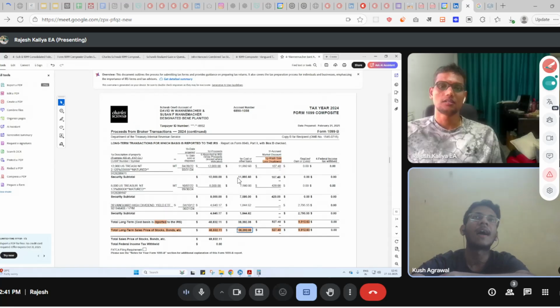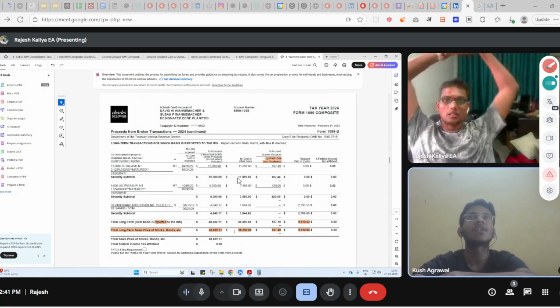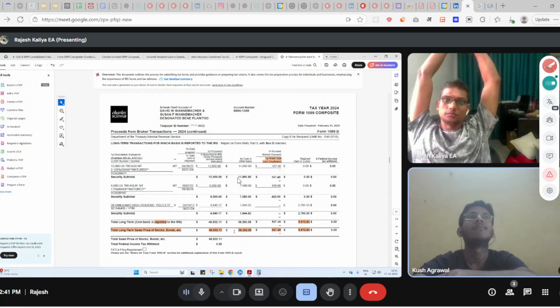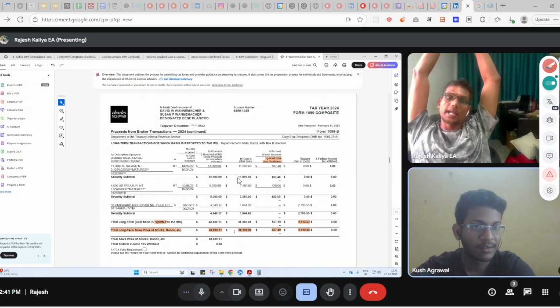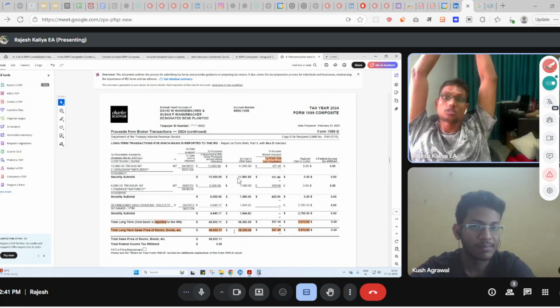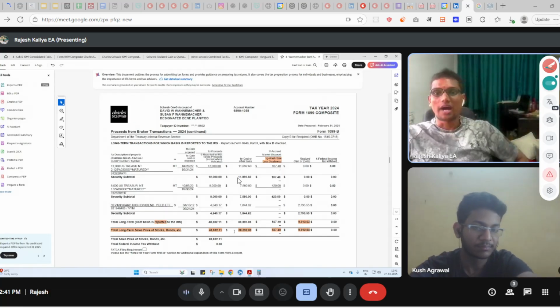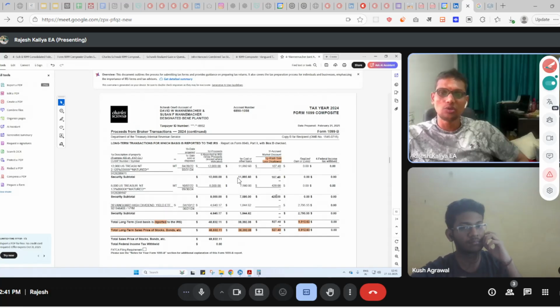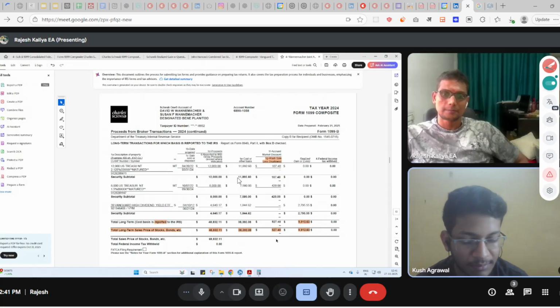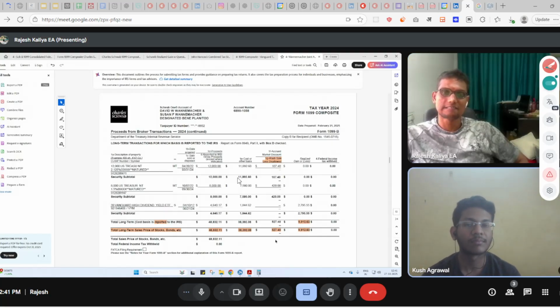Either you add it to the proceeds or you add it to the cost basis of the transaction which led to the wash sale. Obviously, it will be added to the proceeds amount. Why? Because that is the loss disallowed. So if the IRS is not allowing the loss, that means you need to consider that as a profit, right? Right. So that's how it goes.